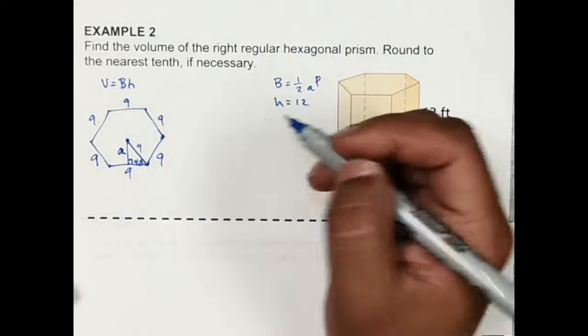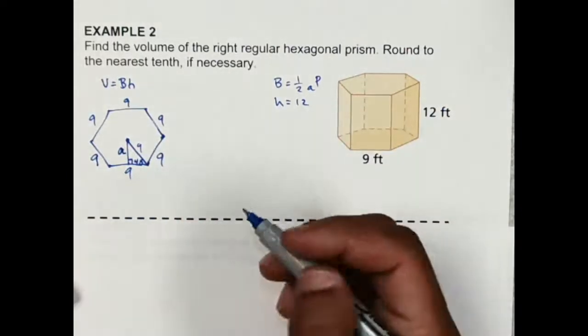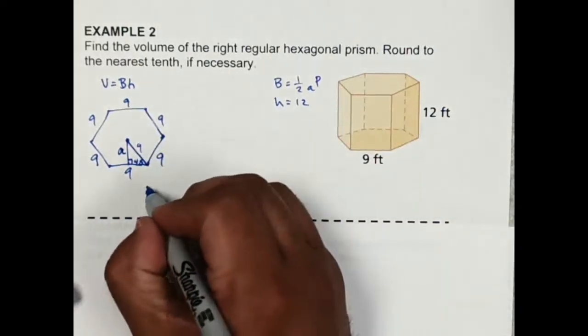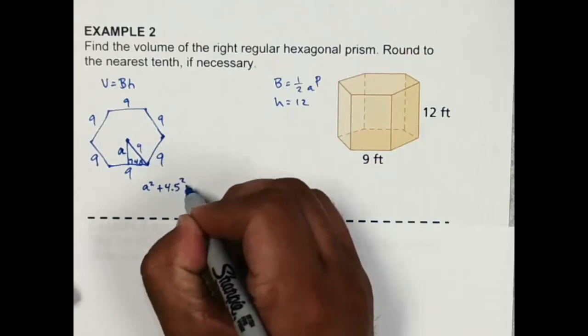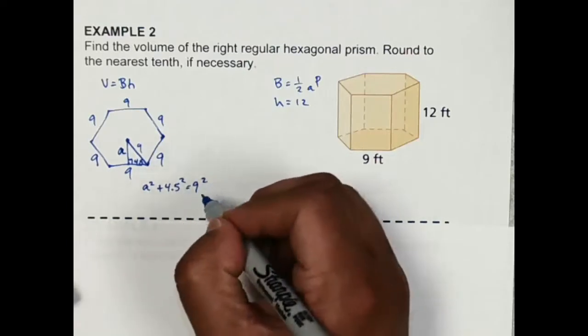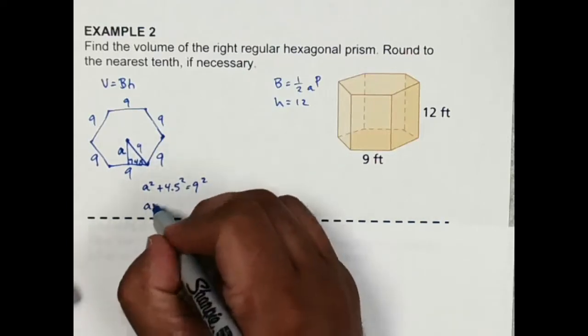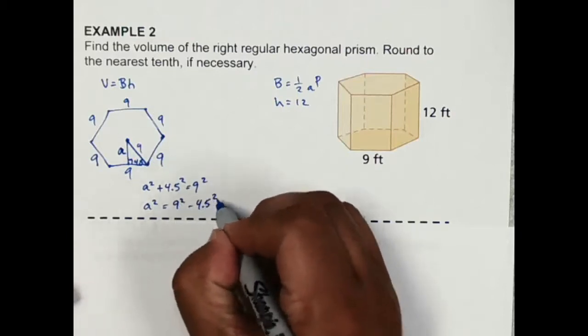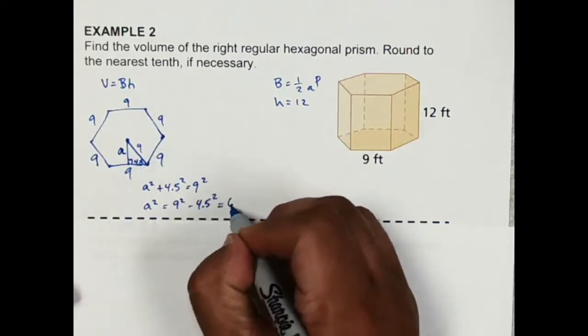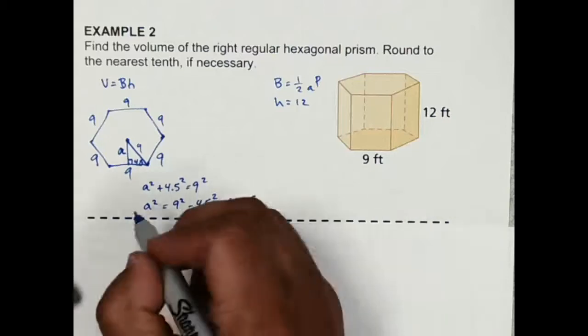Okay, I can use Pythagorean Theorem, I can use special right triangles to find this out. I'm going to use Pythagorean Theorem. A squared plus 4.5 squared is equal to 9 squared. So my A squared is equal to 9 squared minus 4.5 squared, which is 60.75.